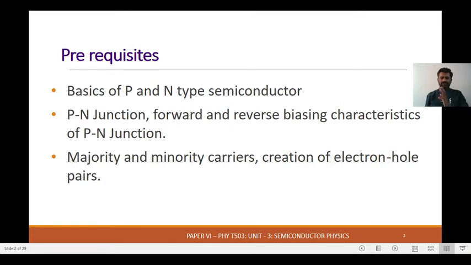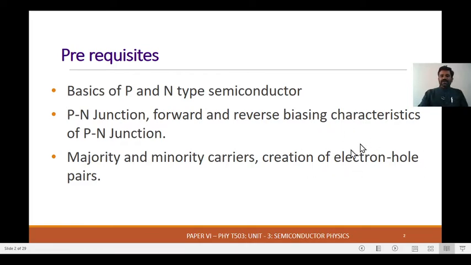In the case of pentavalent or donor impurities, one extra electron is there when it bonds with tetravalent silicon material. Examples are phosphorus, arsenic and antimony, which are the most commonly used pentavalent impurities.